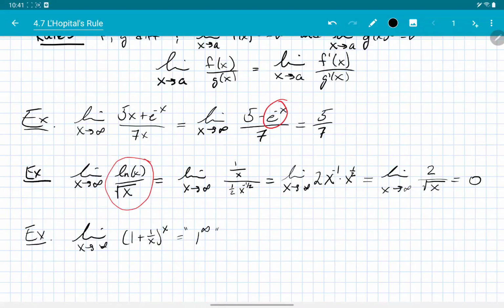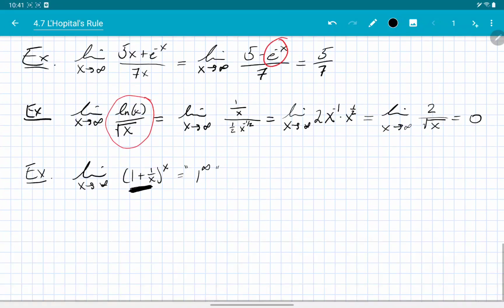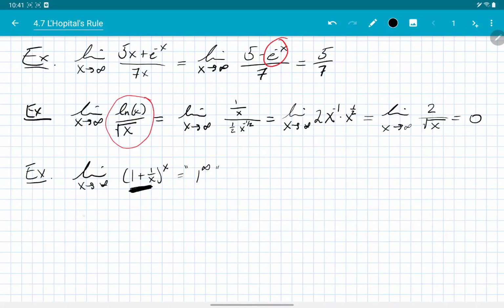Question is, what is that really, right? I guess it could be 1, maybe, or it could be infinity, right? This thing in here is always slightly larger than 1. So it's unclear what we're going to have happen here. And this is not exactly of the right form that we need to use L'Hopital's rule. We have to get creative here.